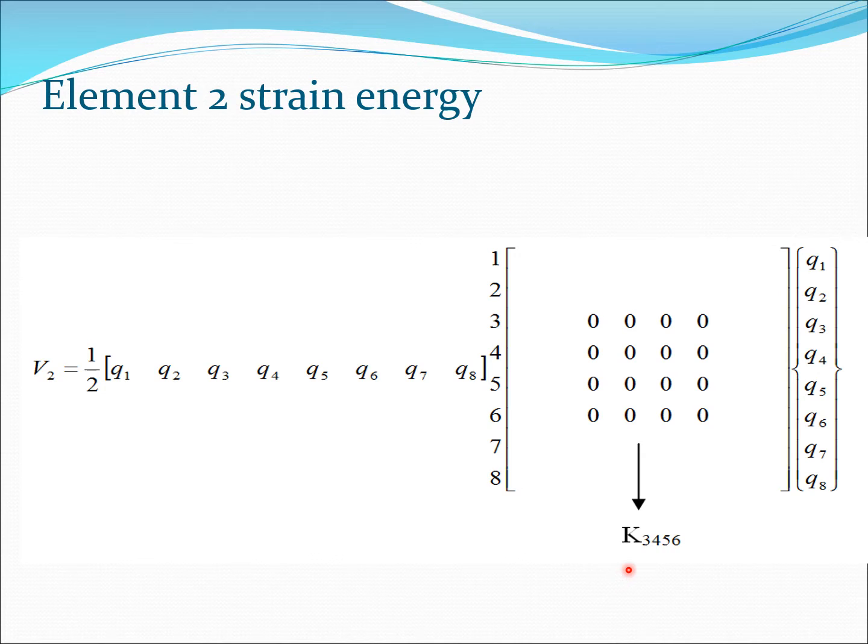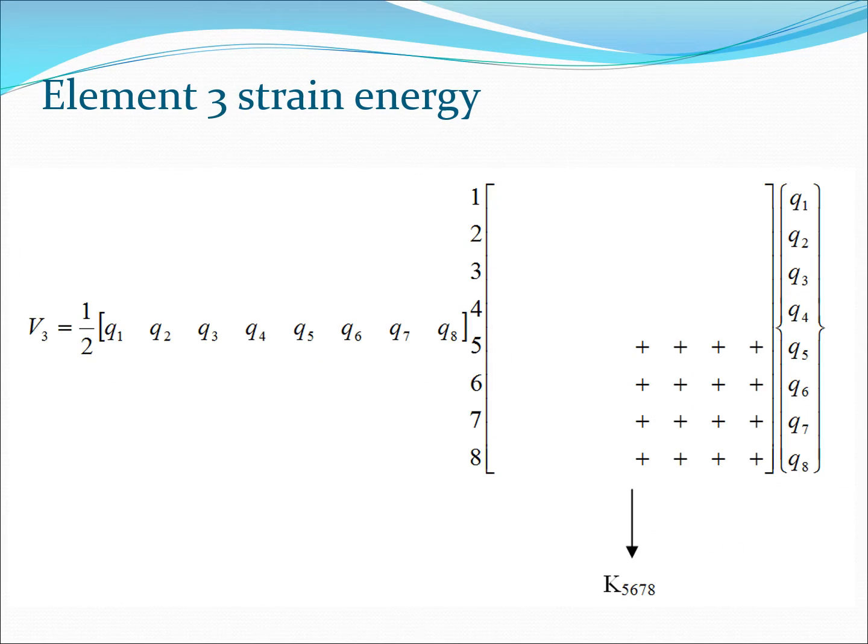And for simplicity, I call this K 3, 4, 5, 6. Now we come to the third segment, and this corresponds to Q5, Q6, Q7, Q8. Okay, the last 4 degrees of freedom in the beam. And so my 4 by 4 stiffness matrix comes here, and for simplicity I write this as K 5, 6, 7, 8.